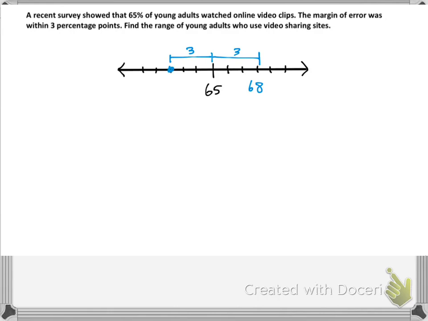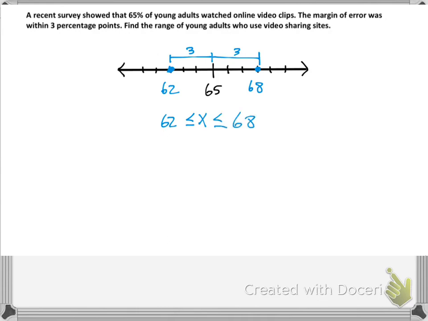So anything within 3% of 65 was the margin of error. What that means is the number of young adults, x, I'll say, can be between 62% and 68%.